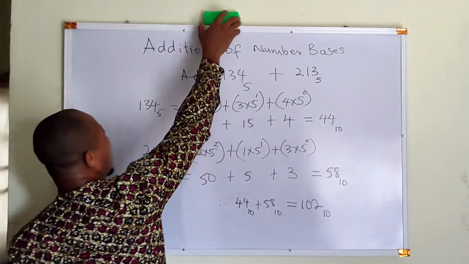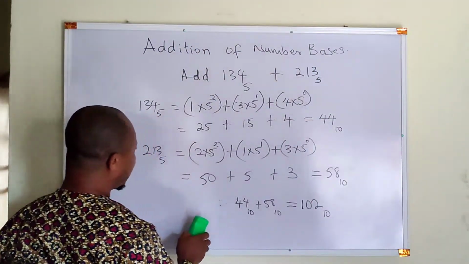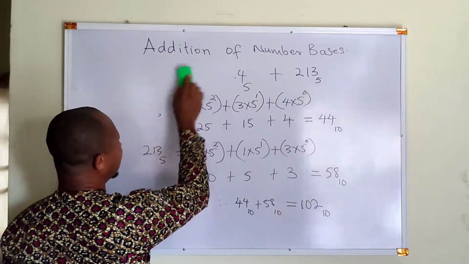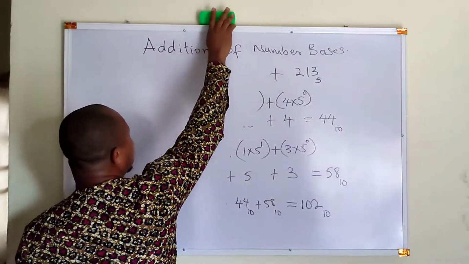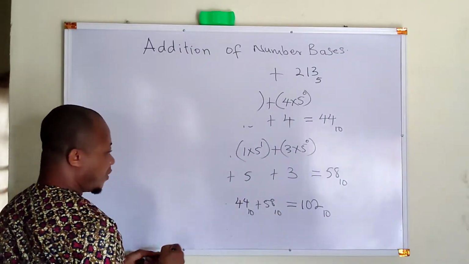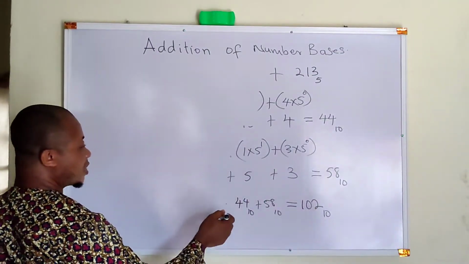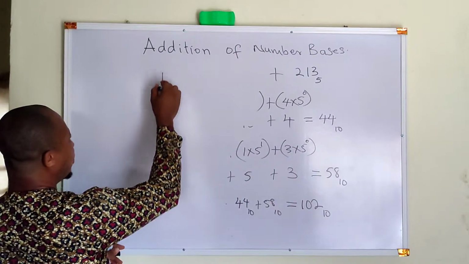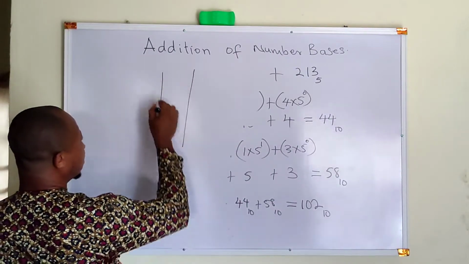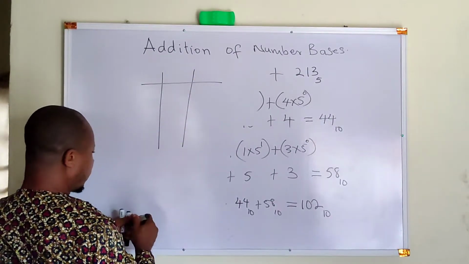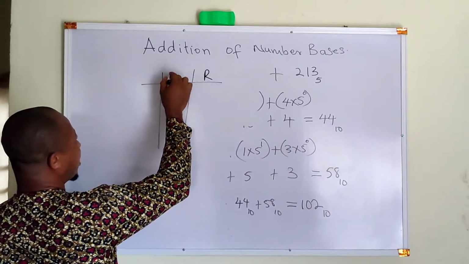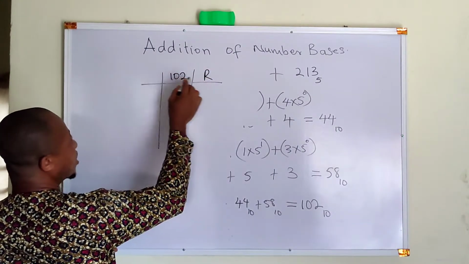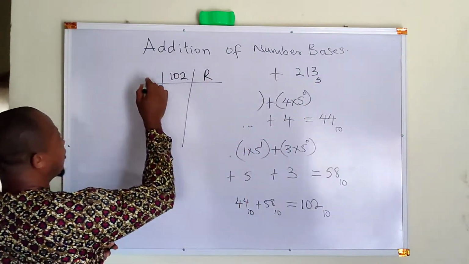Let me clean up one part of this. Let me clean this side. Now, let's see how to convert. We are converting 102 from base 10 to base 5. We use our division method. Here is our 102, and here is base 5, which we are converting to.